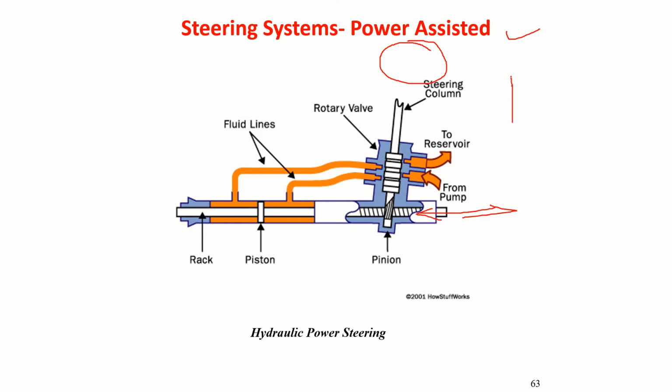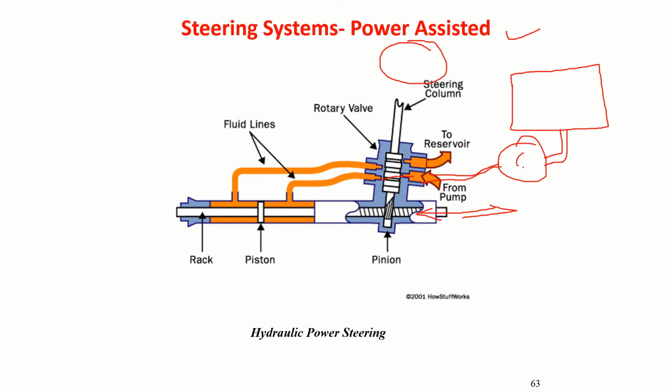Suppose I have an oil reservoir, and then there is a pump. Let us say you have a fluid pump, and the outlet of that, if I can connect it to this, you just see here.